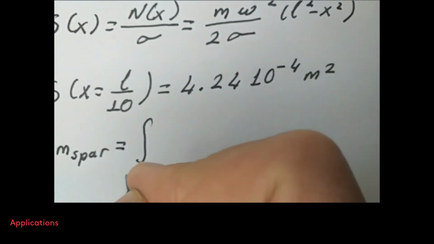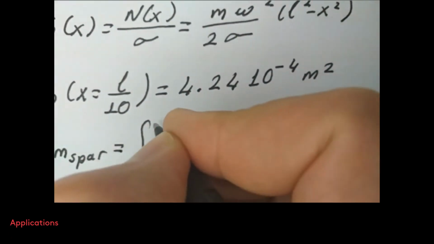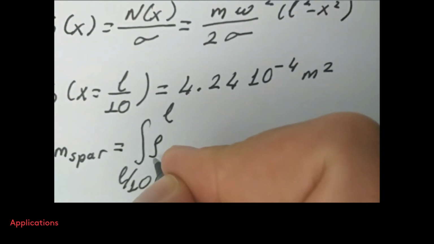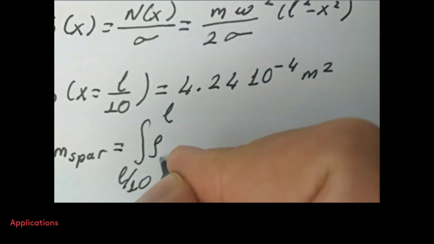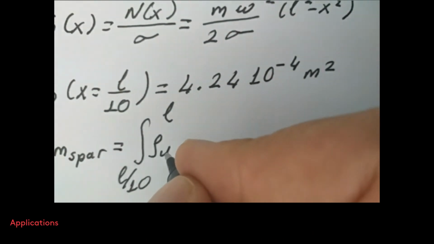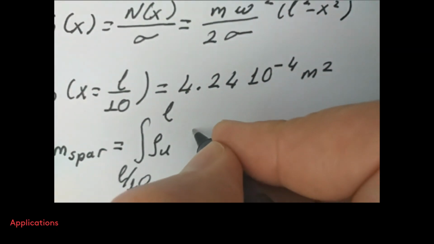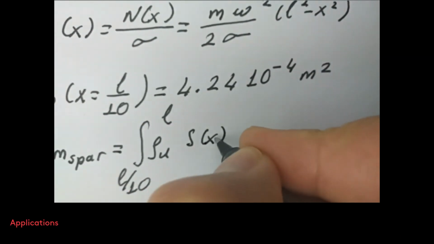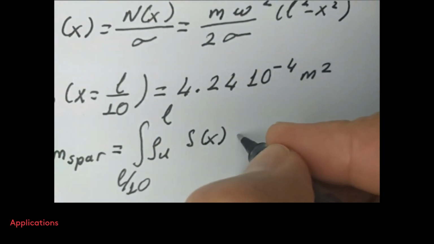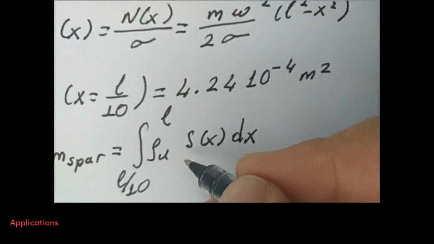It is the integral from L divided by 10 to L of the density of the unidirectional fiber reinforced composite, because we know the density of the glass, multiplied by S of x dx. Now S of x is already known as a function of coordinate.